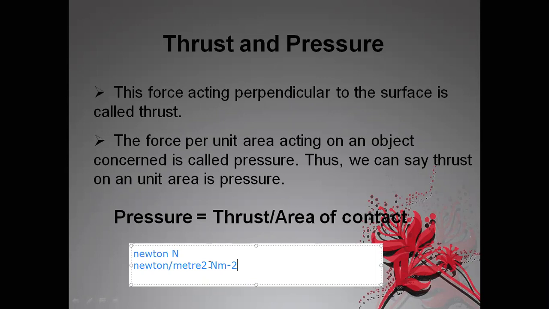In honor of the great French scientist Blaise Pascal, 1 Newton per square meter is called 1 Pascal, denoted as Pa.